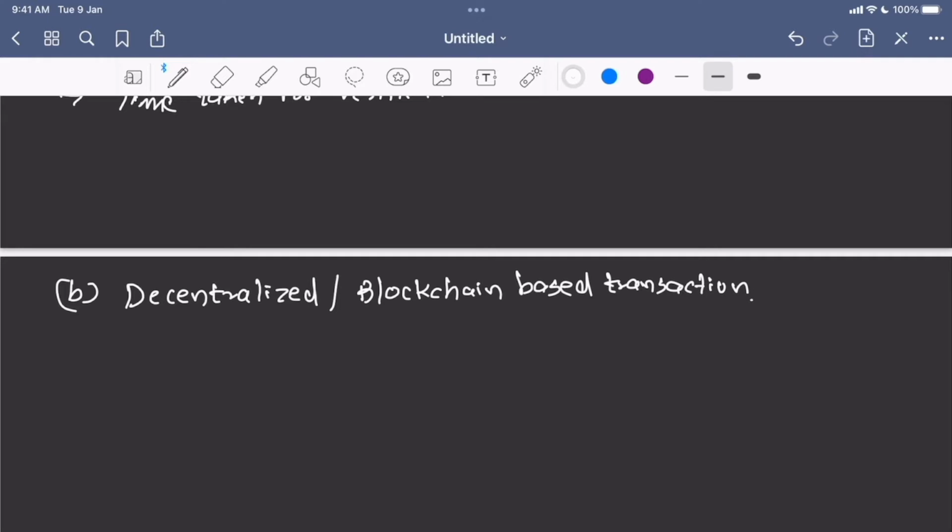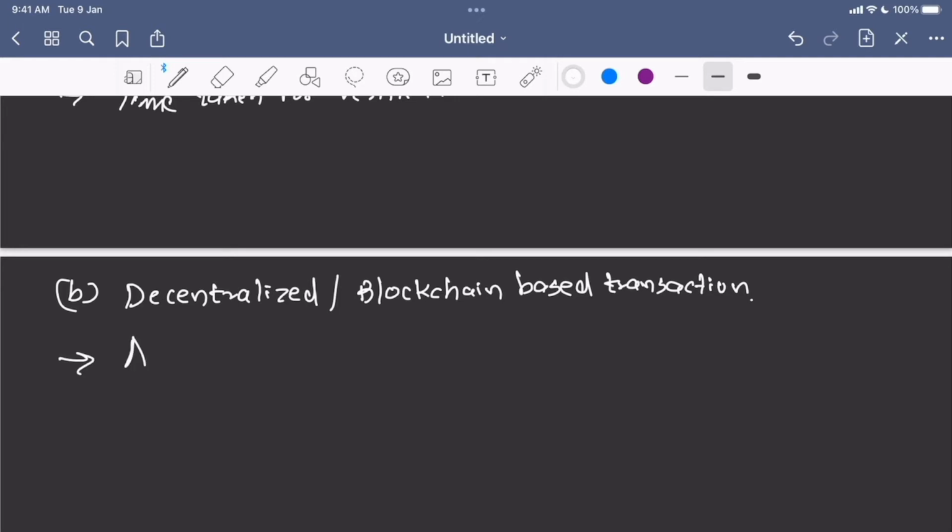Just a quick note here. I'm not going to go deep into blockchain. However, I'm going to be giving a brief introduction and then straight away diving into different scenarios as to how double spending is prevented in such a decentralized system. So let's first understand briefly what is blockchain.